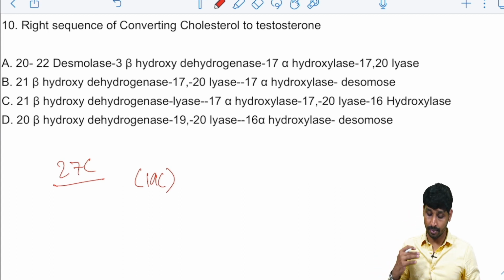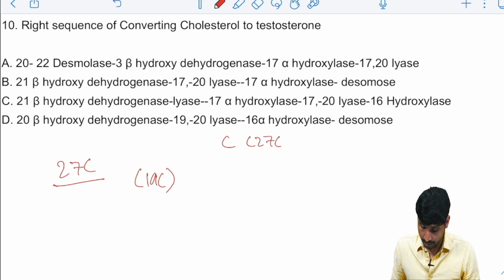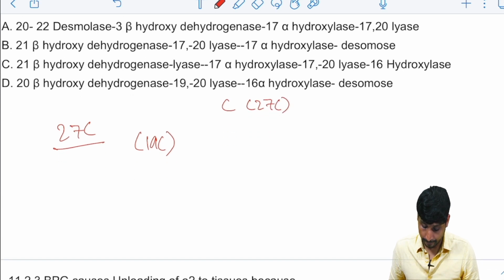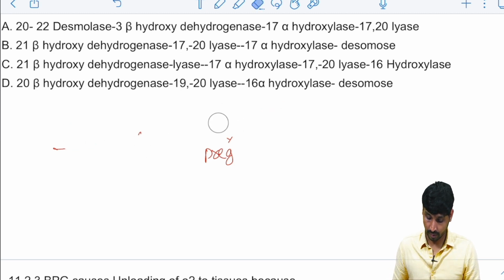What are all the enzymes involved in that? So cholesterol is 27 carbon, and it will be converted to pregnenolone. I will write in this direction.